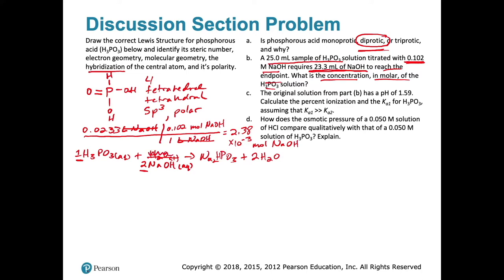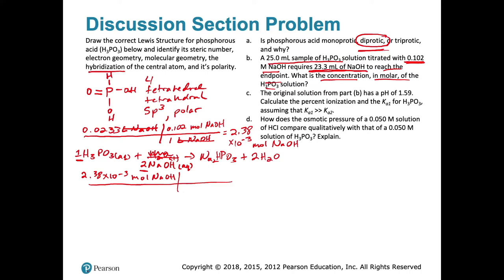And so, knowing that, you can say then that 2.38 times 10 to the negative 3 moles of sodium hydroxide can then be used in dimensional analysis to figure out how many moles there was of phosphorus acid.